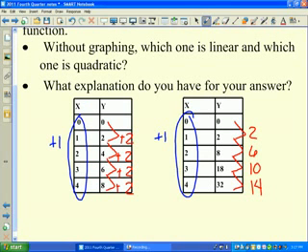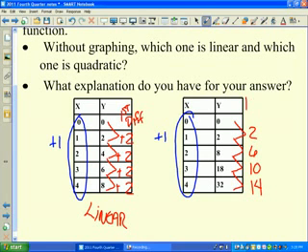I'm always going up 2 every time my x increases by 1. Therefore, that table is representing a linear function. Linears always have constants in the first difference.